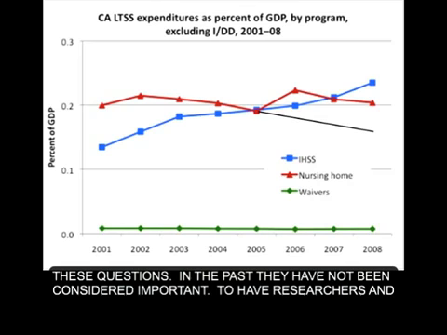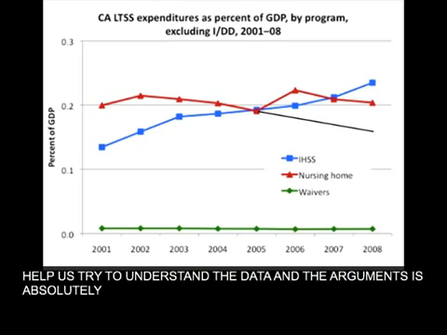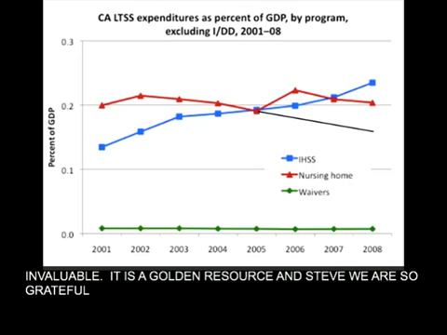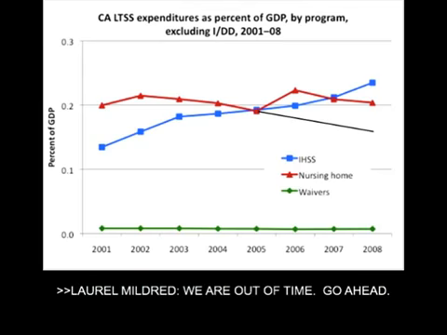So to have researchers and academics at UCSF who are considering these things, and who would take the trouble to come and help us understand the data and the arguments, is absolutely invaluable. It's a golden resource. And Steve, we're just so grateful for all of your work and who you are and what you do and for being here today. We're just about out of time.